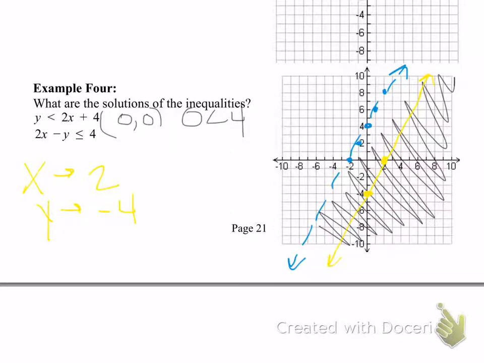Now let's do our shading. So you're plugging in 0, 0. So you have 2 times 0 minus 0 is less than 4. So 0 is less than 4. That is true. So you want to shade this side of your line.